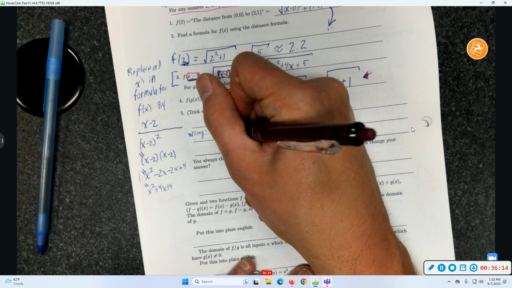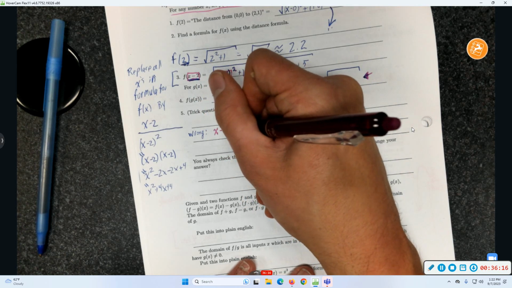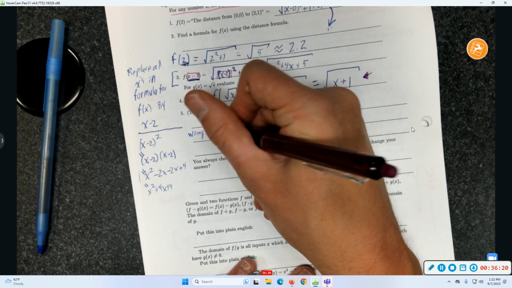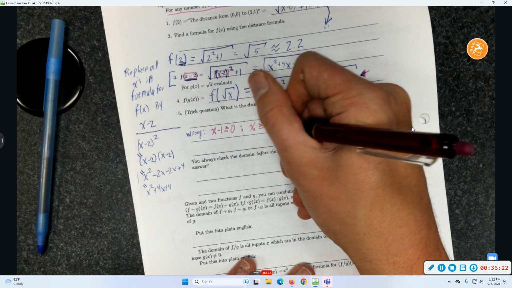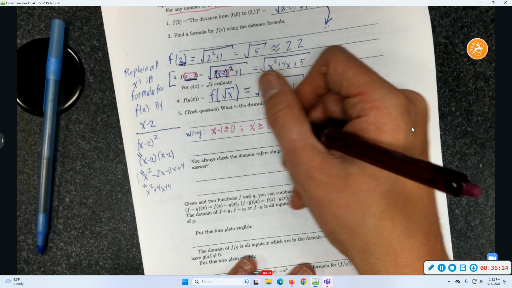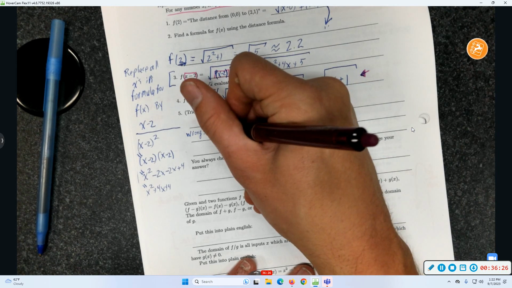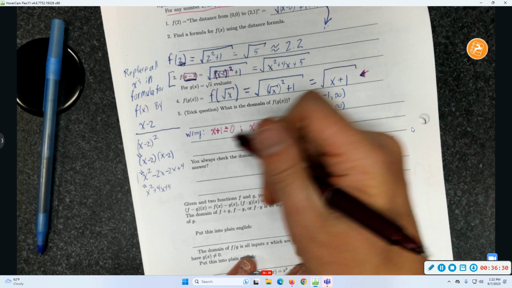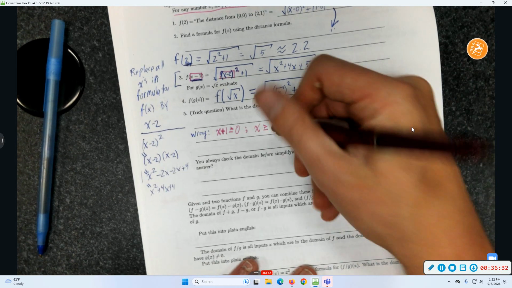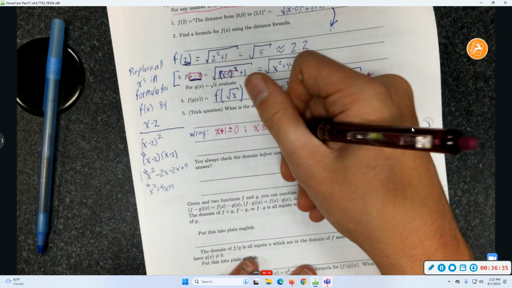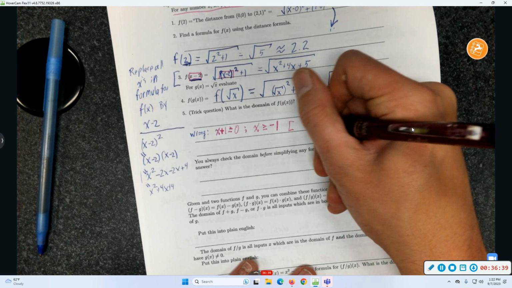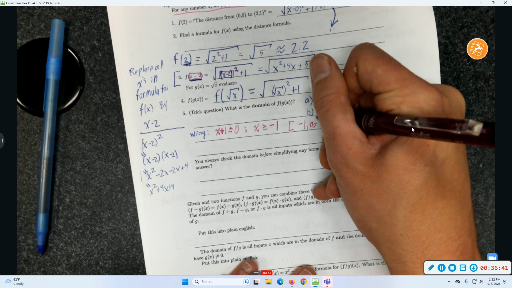So you need to have x plus 1 bigger than or equal to 0. So you subtract 1 from both sides. X bigger than or equal to negative 1. Oh yeah, that's the interval from negative 1 to infinity.